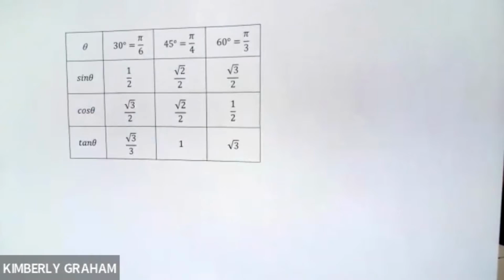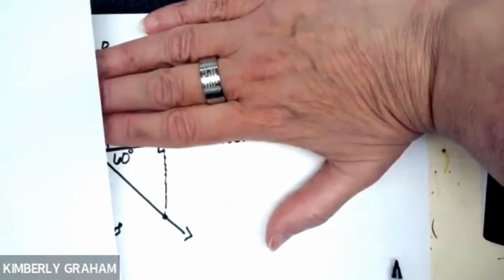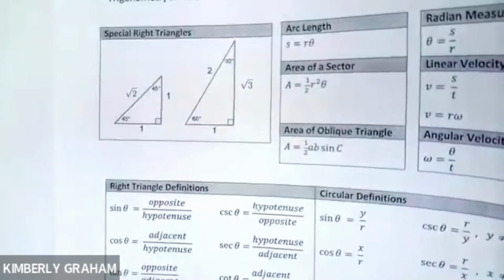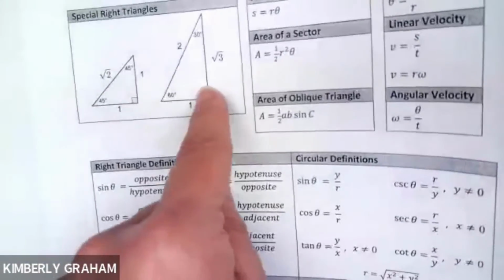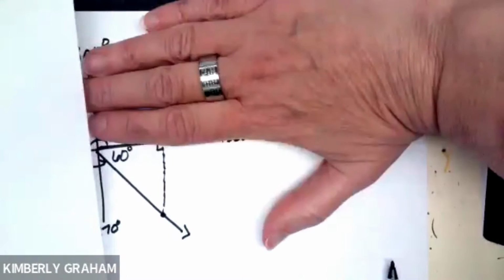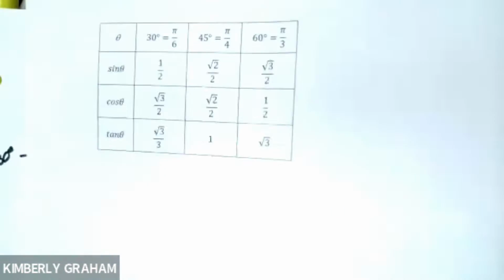And I can use this chart to do it. I know those are the ratios. You can go back to this if you want to, but we're going to save ourselves a little bit of time and just go to this.